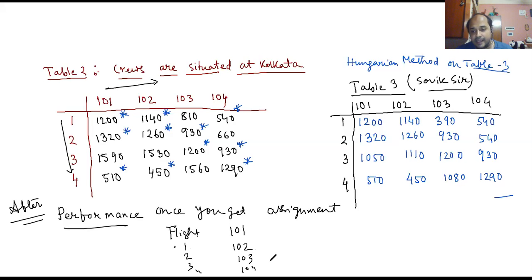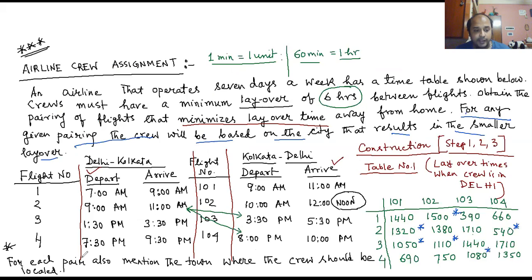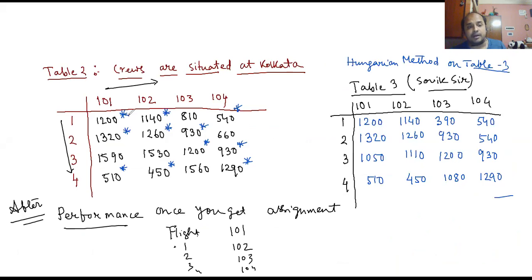Now you see the last line, what is written: for each pair also mention the town where the crew should be located. After assignment, you will find that sometimes you are taking the time from table 1, or sometimes you are taking the time from table 2. Depending upon that you are going to select.